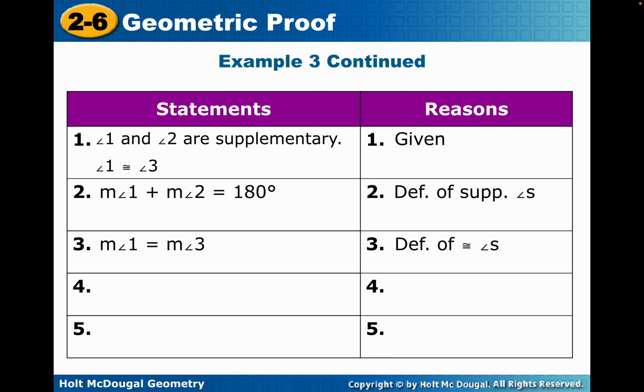It's going to be definition of congruent angles. Okay? Because we're just changing from congruent to equals. Okay, so anytime it's congruent, we can say that they're equal, because eventually we have to prove that they're supplementary angles. So this is just definition of congruent angles. We just have to change that congruent to equals.